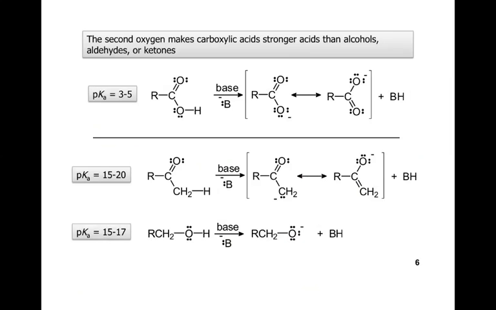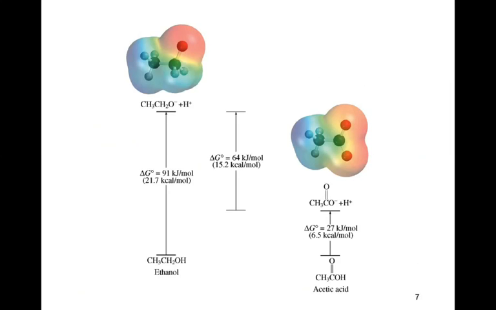Another way of illustrating the difference in the stability of an alcohol undergoing proton donation versus a carboxylic acid is illustrated here. If we look at the change in free energy for deprotonation of ethanol, shown here on the left, simply deprotonating ethanol to form the alkoxide and hydrogen ion, the change in free energy is 91 kilojoules per mole.